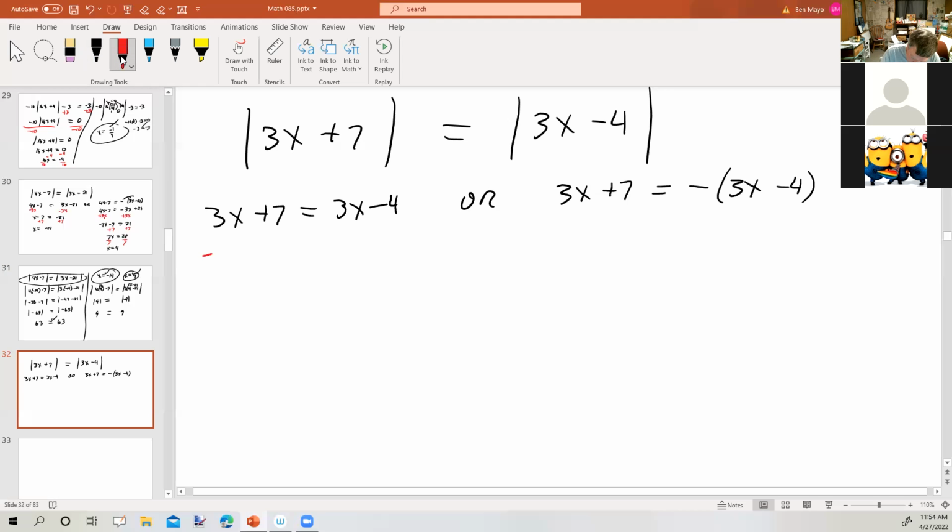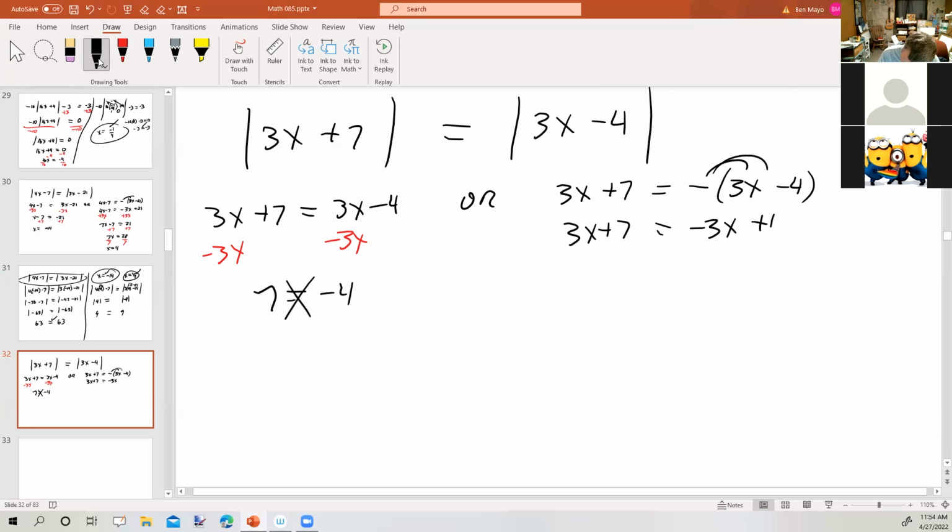Solving the first equation, we'll subtract 3x from both sides and we get 7 equals negative 4. That's a contradiction, so that doesn't lead to a solution. Let's take the other equation. We'll distribute the negative sign, so negative 3x plus 4.